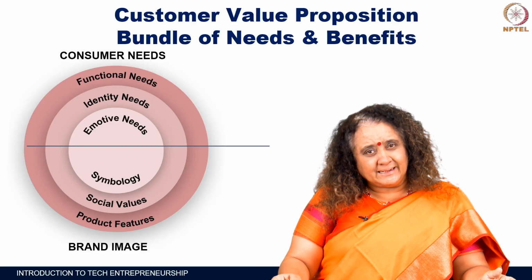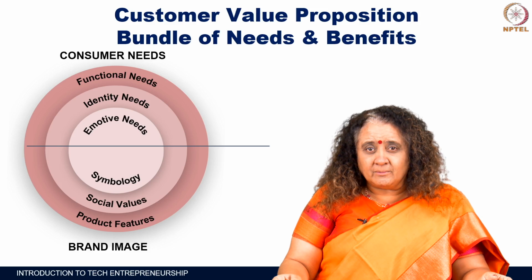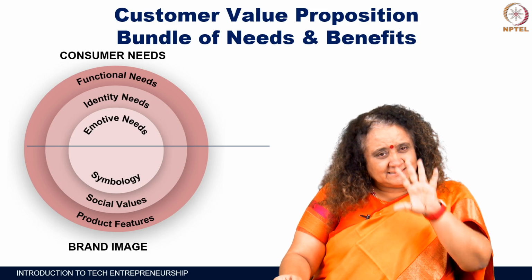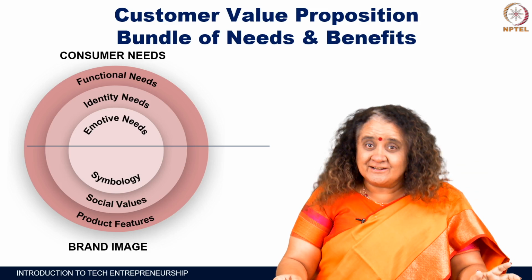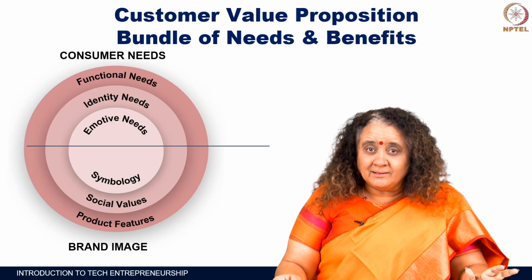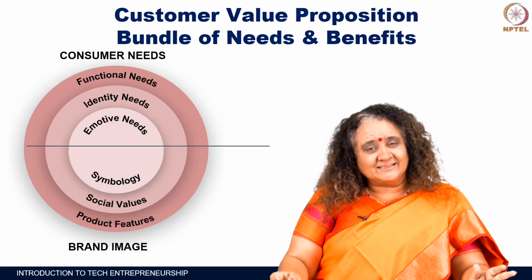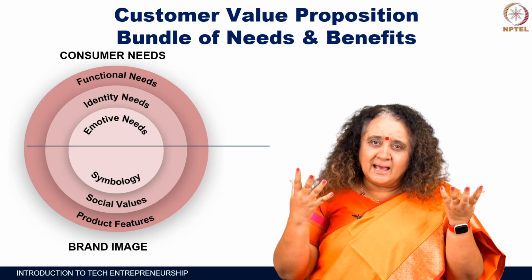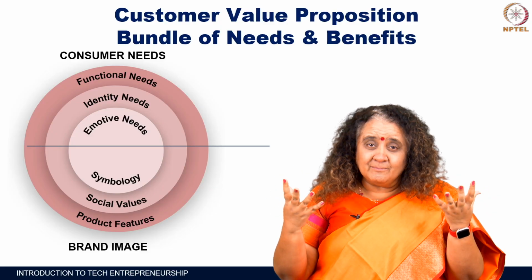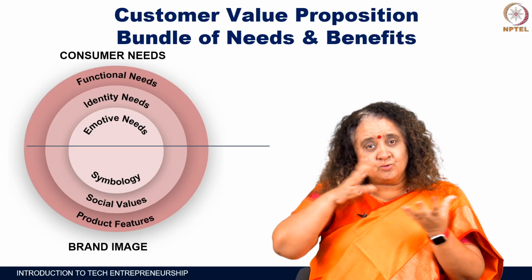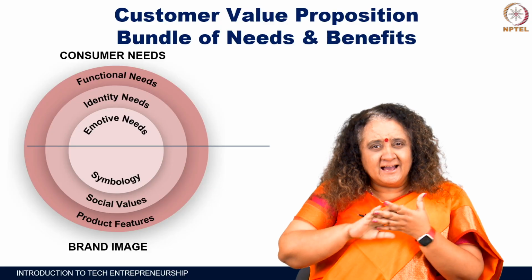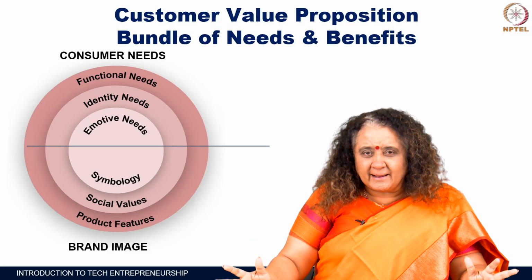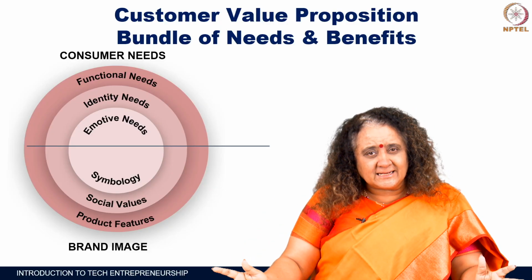I will come back later in my marketing module and explain these concentric circles, these golas, which straddle consumer needs, customer needs on one end, and what is it that the brand projects to cater to these needs. I have now introduced a word called brand, and I do not want to go into that in detail.